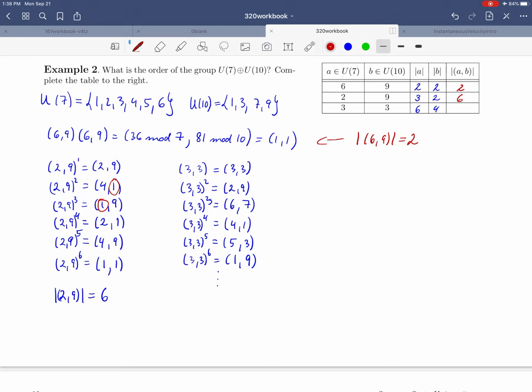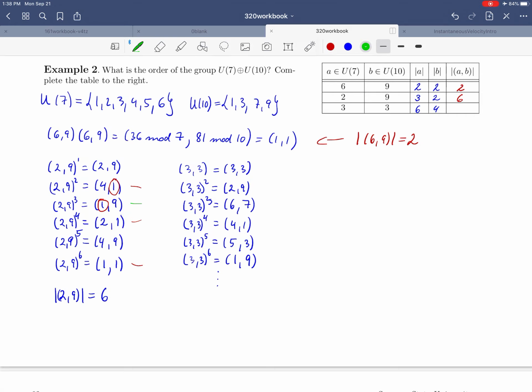And so we can see every second entry gives us a 1 in the second coordinate, and every third entry, 1, 2, 3, 1, 2, 3, gives us a 1 in the first entry. So we needed a multiple of 2 and a multiple of 3 to come up with 6 as our order.